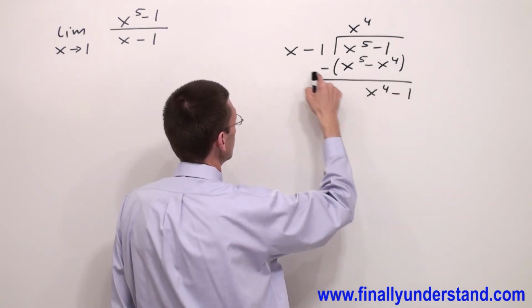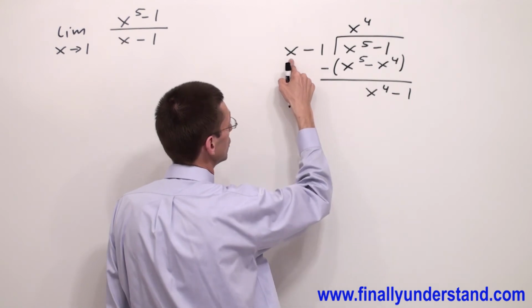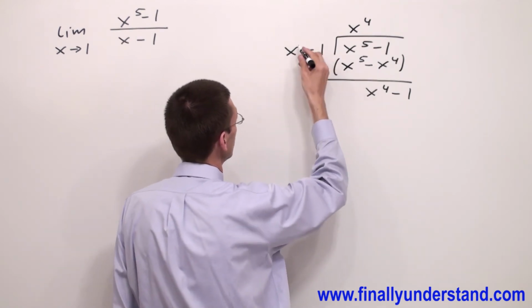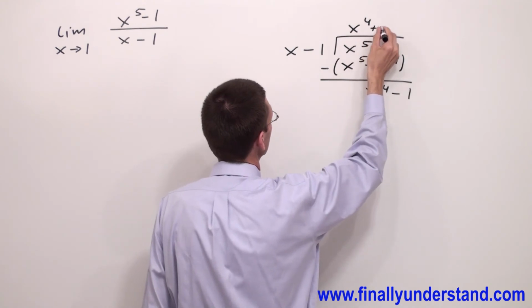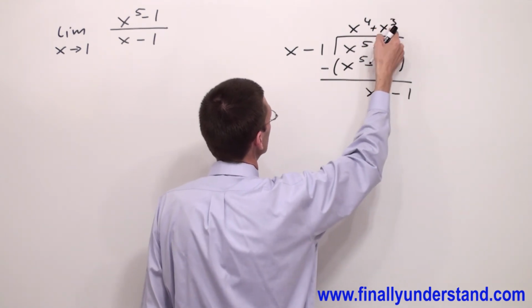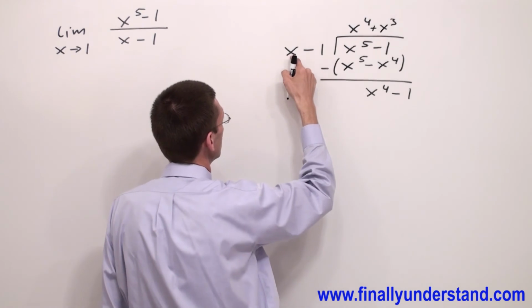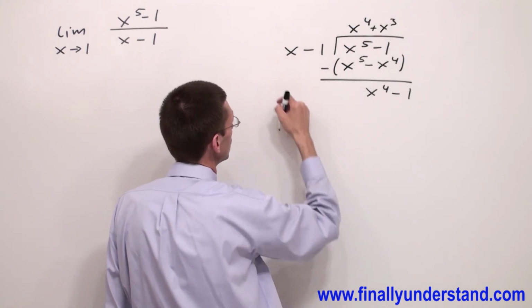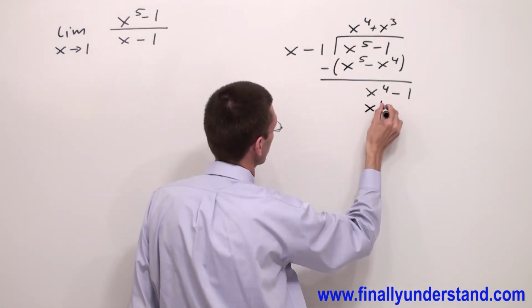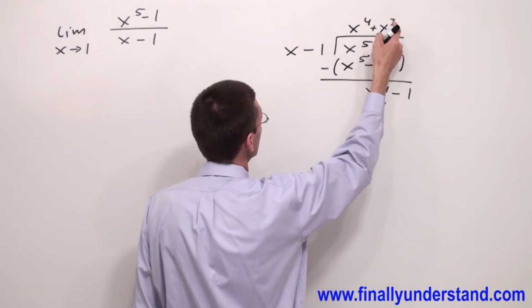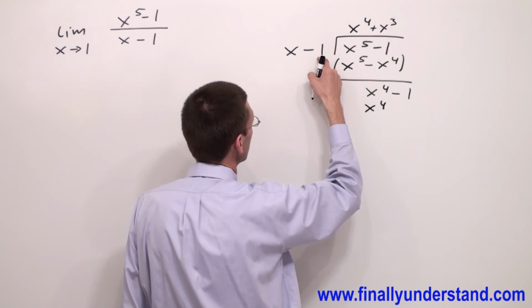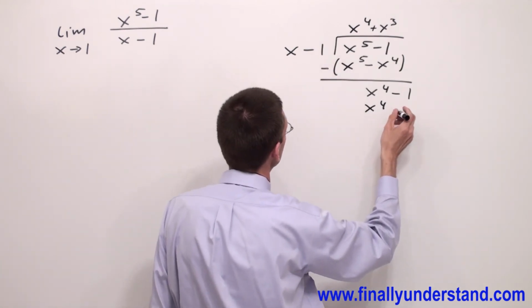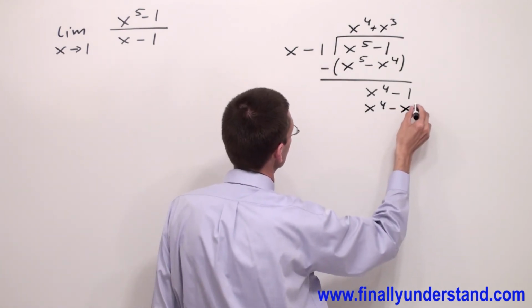X to the fourth divided by x to the first, we can say, because there is no exponent, is equal x to the third. X to the third times x is equal x to the fourth. X to the third times negative 1 gives me negative x to the third.